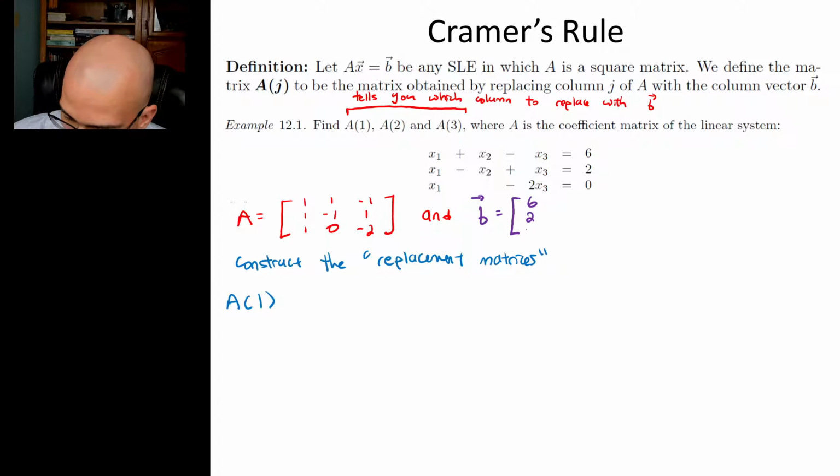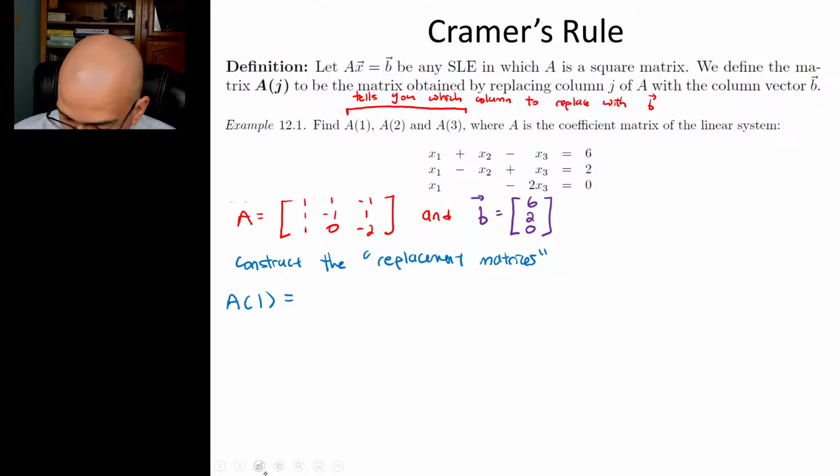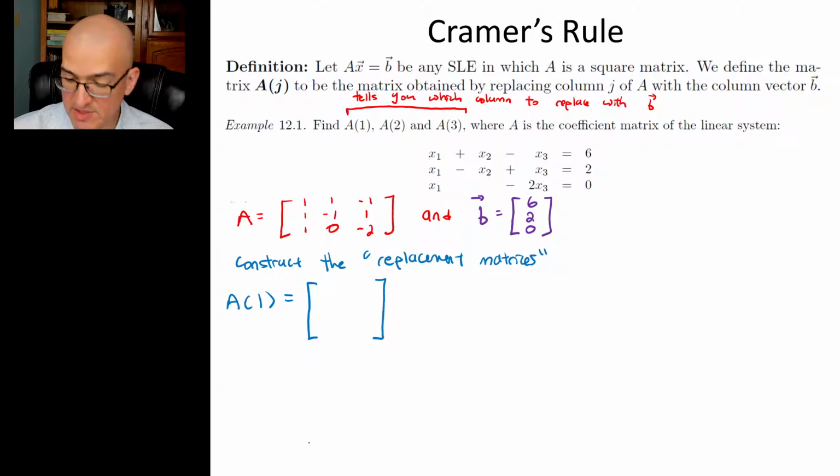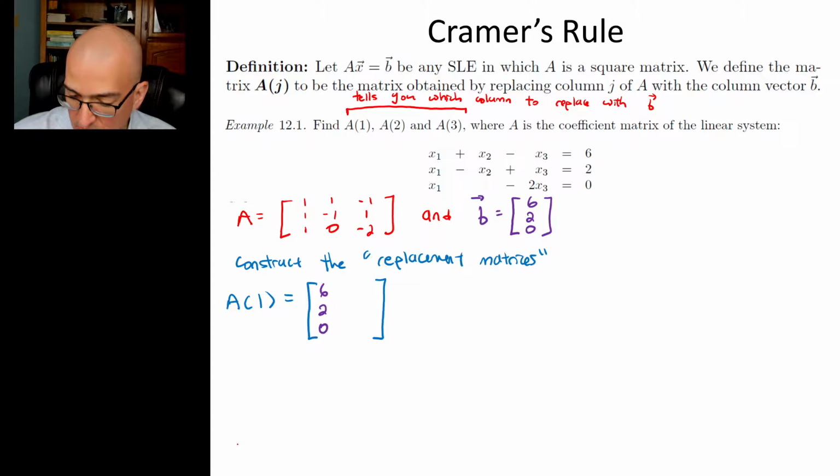Okay, so A1 is a new matrix that we get by replacing the first column with B, with 6, 2, 0. So 6, 2, 0 goes in the first column, and then column 2 and column 3 are the same as they were originally: 1, negative 1, 0, negative 1, 1, negative 2.